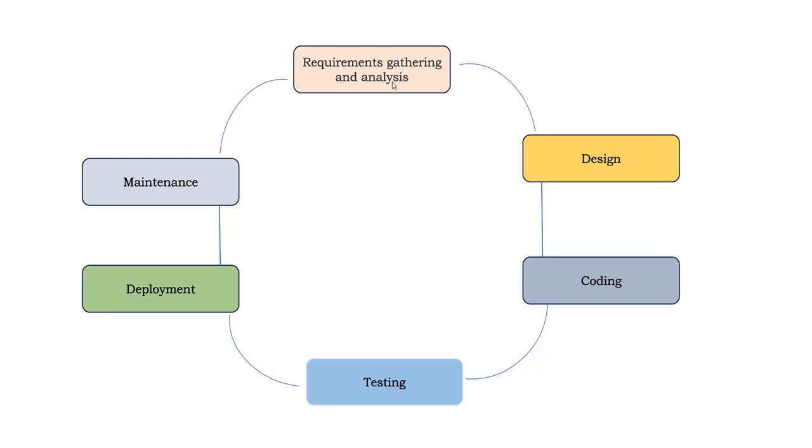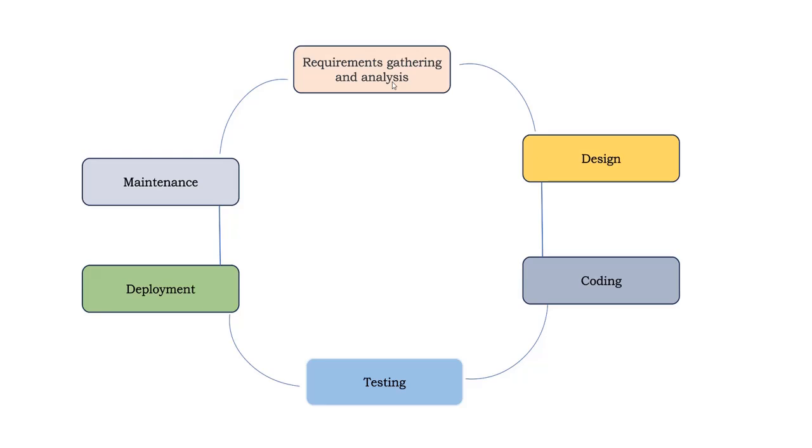The very first phase starts with requirements gathering. It is the very initial stage, and it involves the information gathering process. Suppose there is a client who wants a particular application to be designed.